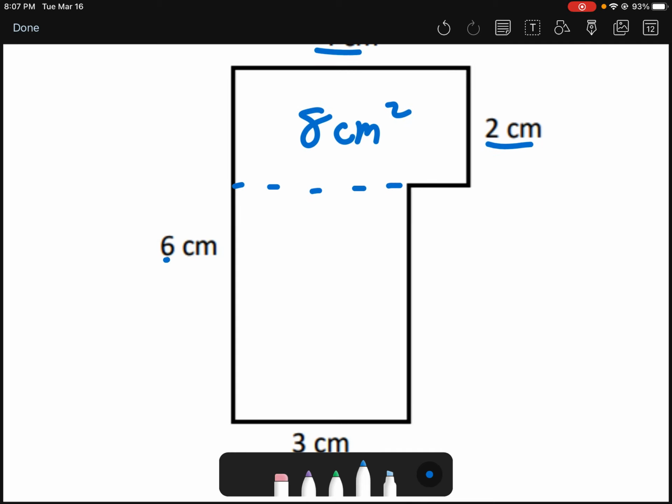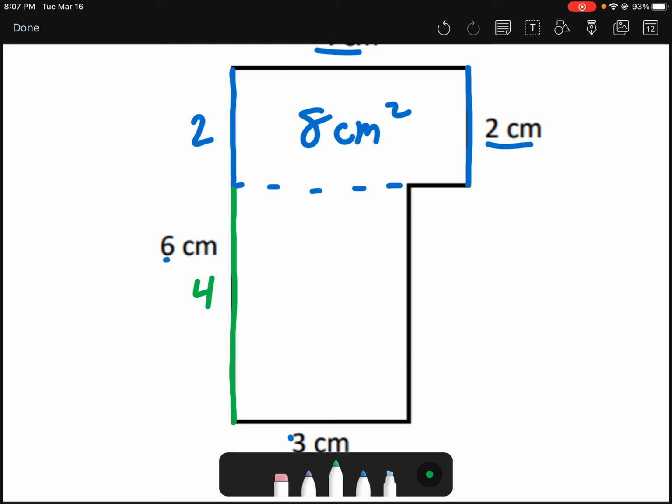Now for this box below it, I cannot just do 6 and 3, because that 6 would include this line right here. However, I know what this length is of the blue line because it is opposite of this line over here. So this guy's really 2. So that means this section right here, if I were to add up the green and the blue here, that should equal 6.